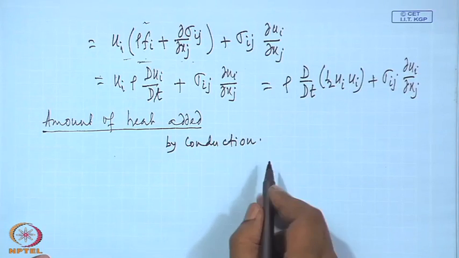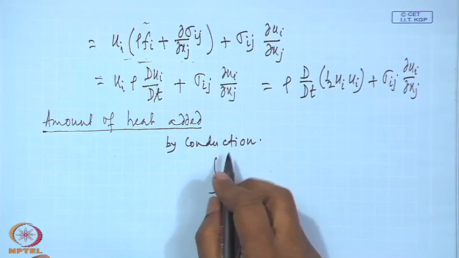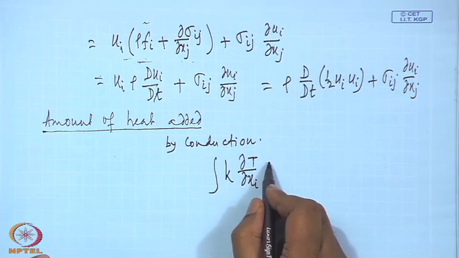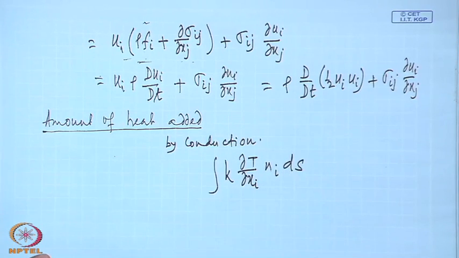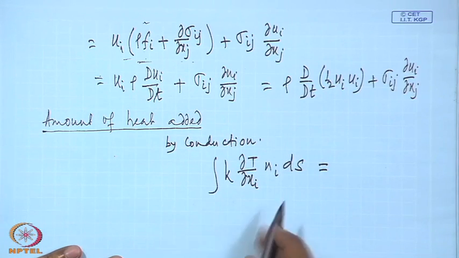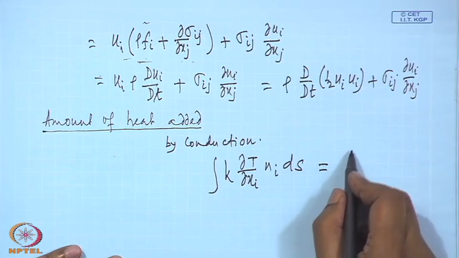So, this can be written again, say thermal conductivity, let us write K, the gradient, and once again we can express it as a volume integral by using that same divergence theorem.